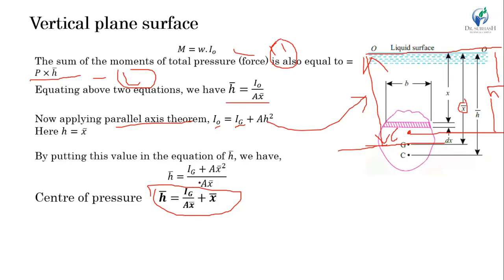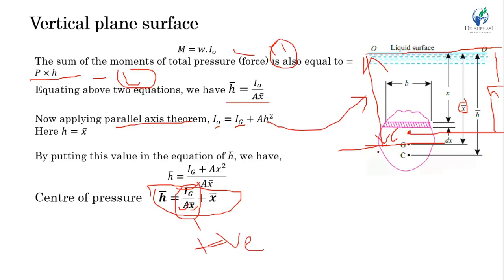Times the area, which is always positive. x bar is the distance, which is also positive. So you can say the whole term Ig upon A x bar is always a positive value. So h bar is nothing but a positive value plus x bar. Here you can say the value of h bar is always greater than x bar.